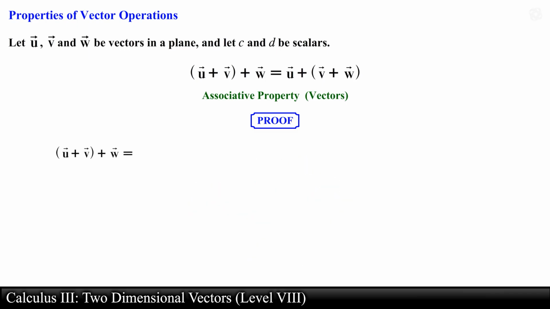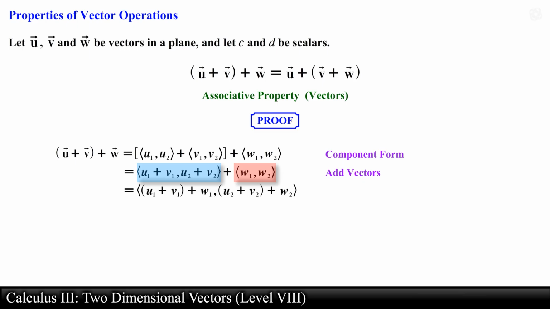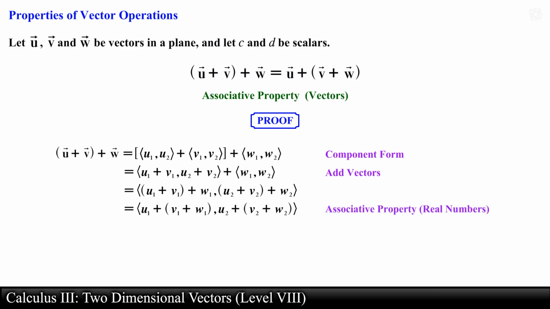We break apart each vector into its component form. Then we go ahead and add vector u and vector v component-wise. This will yield the following vector. Next, we go ahead and add these two vectors component-wise. This results in the following resultant vector. Now, the next step requires us to use the associative property of real numbers to group the real numbers in a different order, as follows.